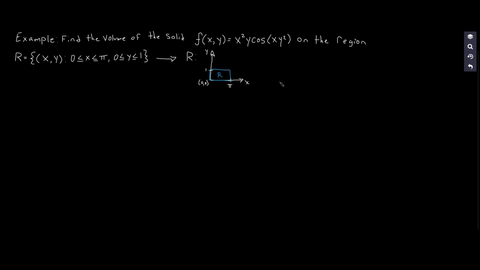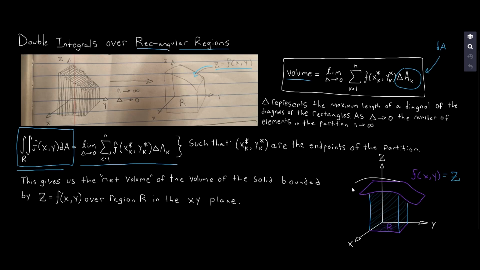That's our region R. So this is the region that I'm looking at. This is the ceiling of the function, right? Then we're going to find the volume in the xy plane. We're going to find the shaded region underneath the ceiling, right? We're going to find what's inside.